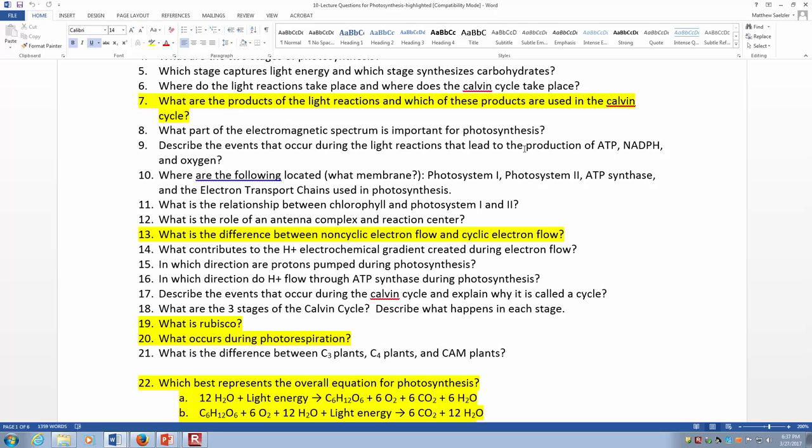And cyclic electron flow is a way of making more ATP without having to make more NADPH. And the reason that you would want to do that is because the Calvin cycle uses more ATP than it does NADPH.